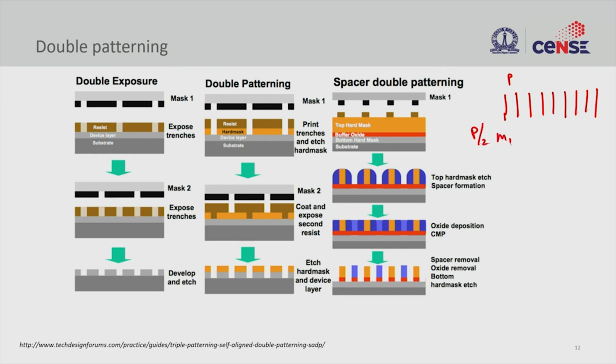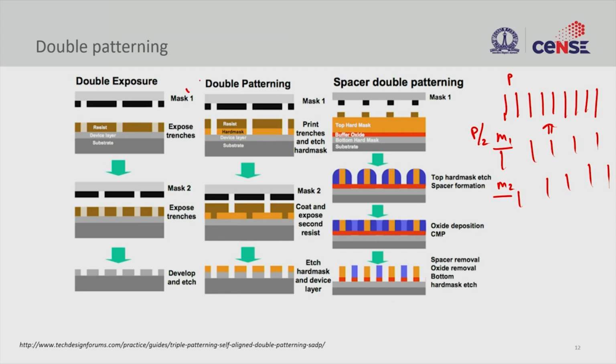Mask 1 has these patterns and then mask 2 has the interlay. Now if I image M1 and M2 on top of each other, I should be able to get what I want. That is what double patterning is all about.